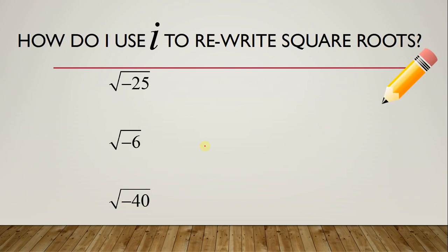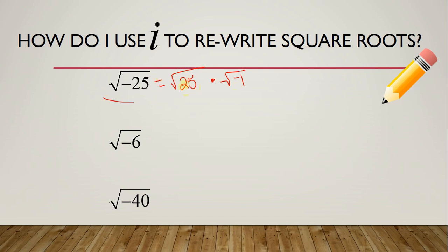So, how do you use i to rewrite square roots? It's very common when we want to solve and get an actual answer. So I got the square root of negative 25. Well, what we're going to do is break that into two square roots: the square root of 25 and the square root of negative 1. Because if I want to break down a square root, I can multiply the two numbers that multiply to give me that number.